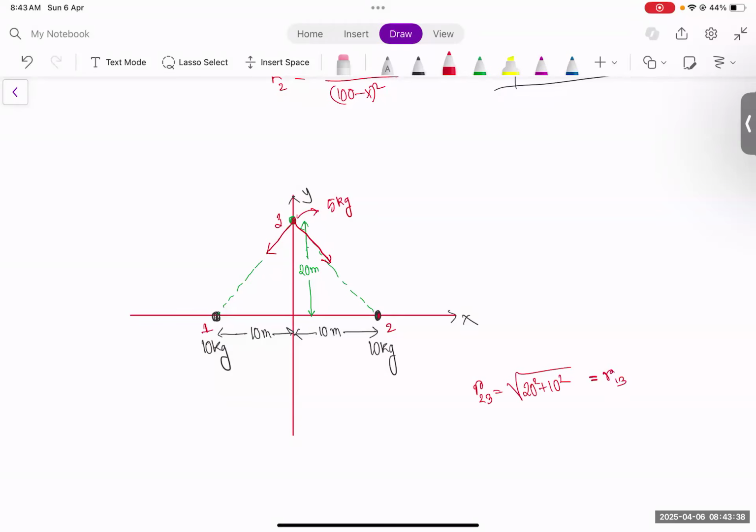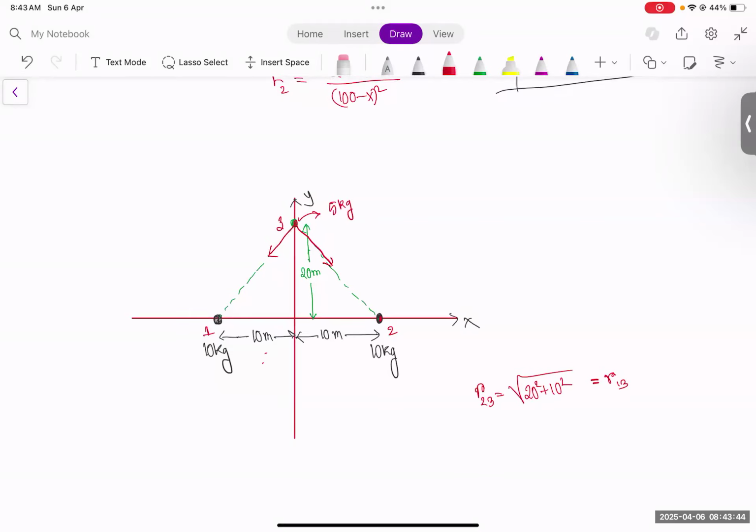It's just the opposite side, base still 10 and the perpendicular is still 20. If this value was different, you just similarly apply the Pythagorean theorem and you get a different value. But in this case, they're the same. So if you do this, I think you would get something like 10 root 5 meters. So this will be my distance.